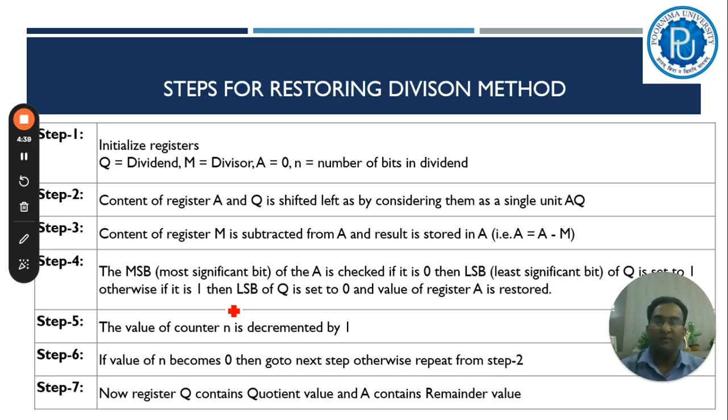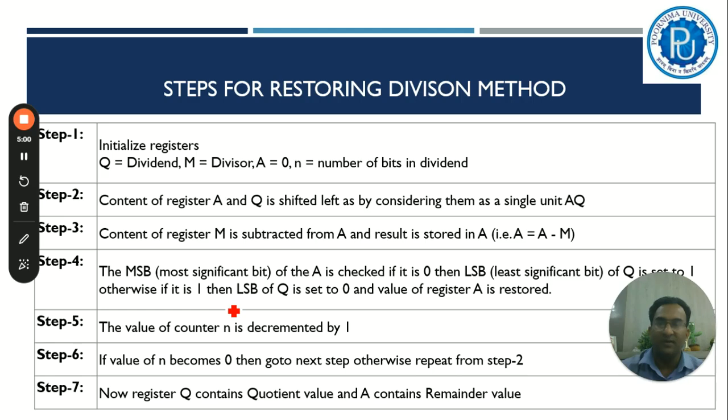So what we have to do? We have to do step 2, that is, shift left the registers A and Q, considering them as a single register. Then step 3: we subtract M from the accumulator, and the result is stored in the accumulator itself.